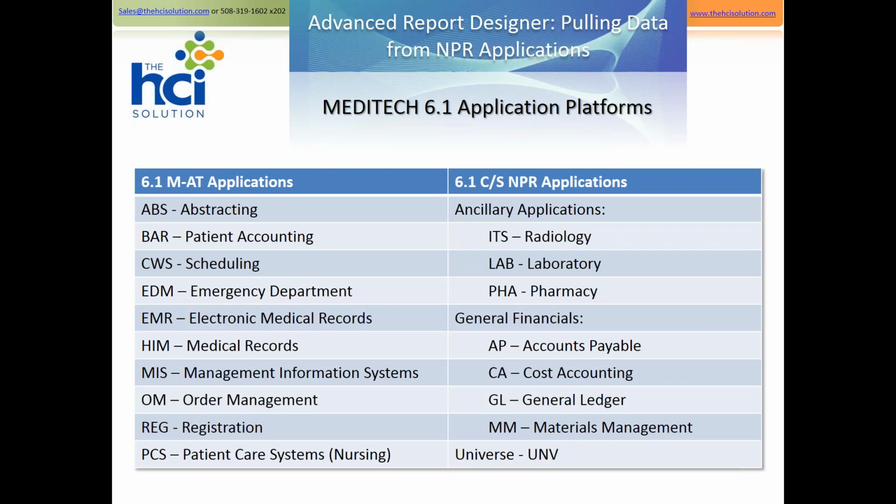And going from the 6.0 version of the software to the 6.1 version, there were a couple of applications that were moved over to MAT. That was patient accounting, BAR, which was previously called billing and accounts receivable, and abstracting. I think community-wide scheduling was another one that was moved with 6.1. Oh, registration as well.